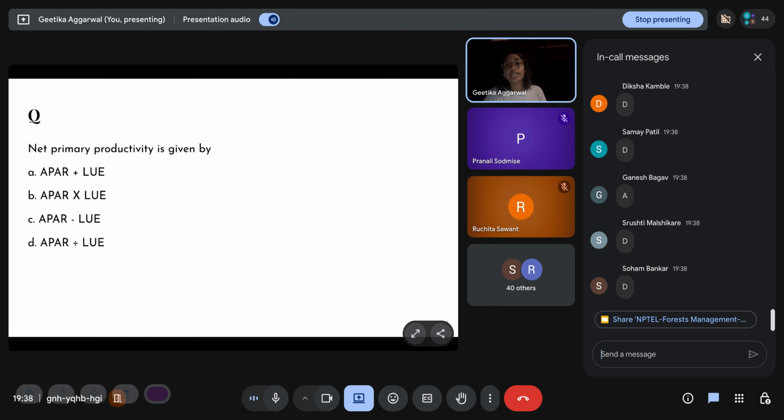Next question is net primary productivity is given by APAR plus LUE, APAR into LUE, APAR minus LUE, or APAR divided by LUE. So, what is net primary productivity? What is the formula? Very good. What we talked about, net primary productivity is actually APAR multiplied by LUE. It is the absorbed photosynthetically active radiation and the light use efficiency of the plants.